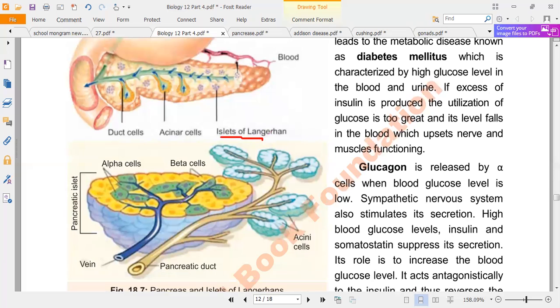And this is the enlarged view of an islet of Langerhans. It has lots of cells, beta cells and alpha cells. Beta cells are more in number, and alpha cells are larger and fewer in number.